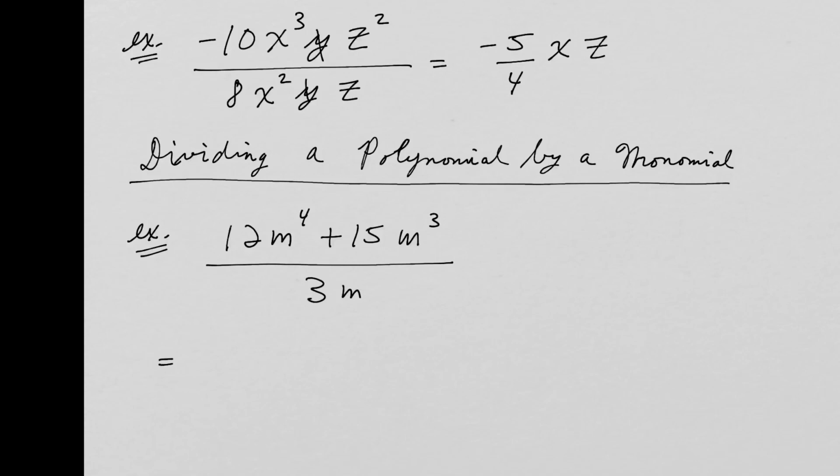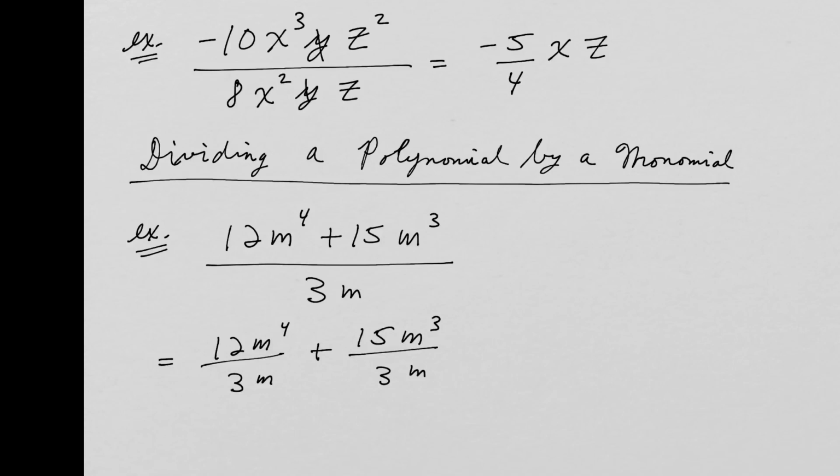This is the same as 12m to the 4th over 3m plus 15m cubed over 3m. If you were to add those fractions together, you would keep that denominator and add the numerators. We're just going the other way, splitting it up. So it's 12m to the 4th over 3m plus 15m cubed over 3m.